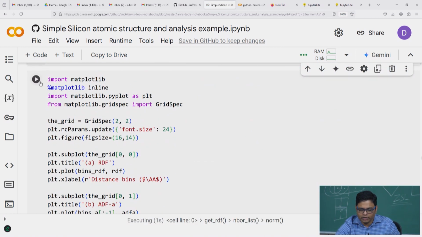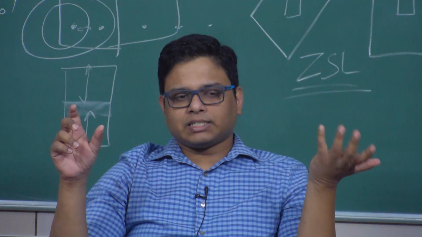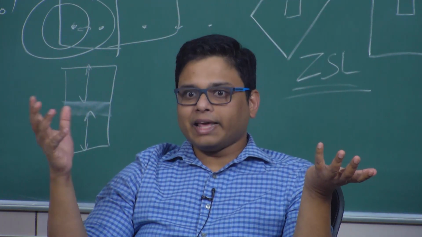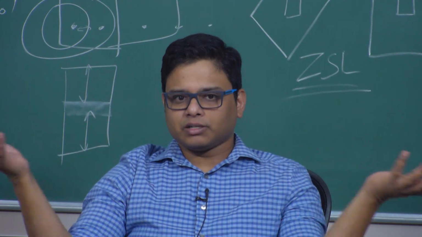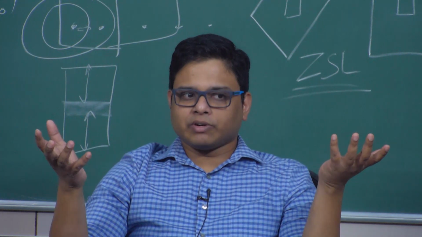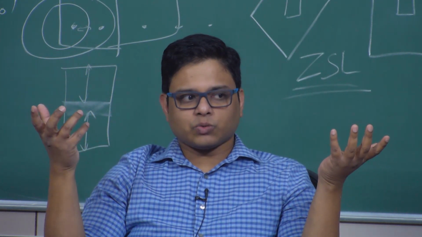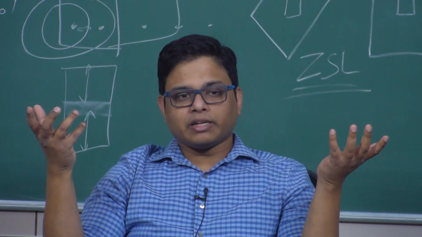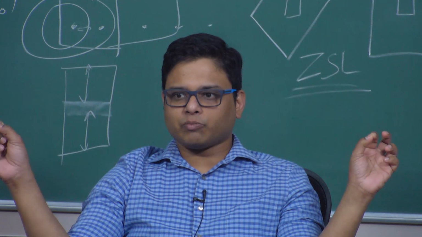These are also very distinct features or signatures of a material. Silicon is not a good example; maybe aluminum. If you have aluminum in HCP phase and FCC phase and calculate the RDF, they will look very similar. But when you calculate the angle distribution function, it will start looking different because they have different angles. So that's why RDF is not necessarily a signature to distinguish materials from one another.